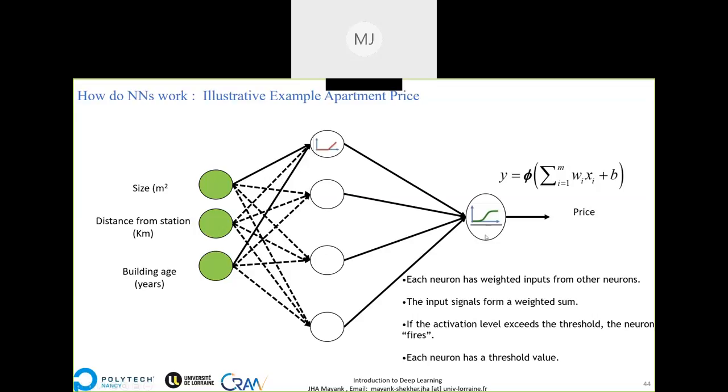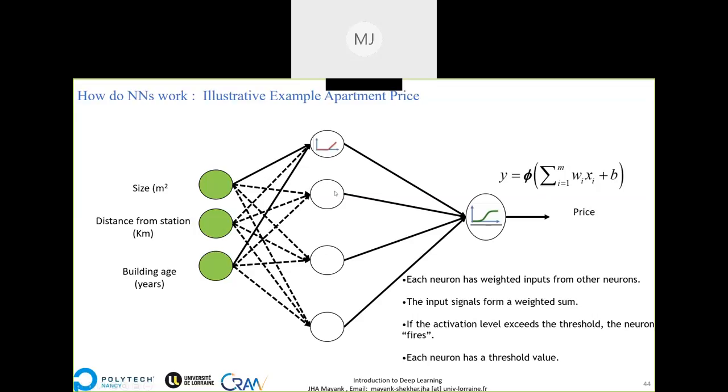If the activation finally exceeds a threshold, then the neuron fires. You see, the first neuron will fire, second will fire, third will fire, fourth will fire, depending on what property is being captured and depending on how the output is related to that captured property. Okay.